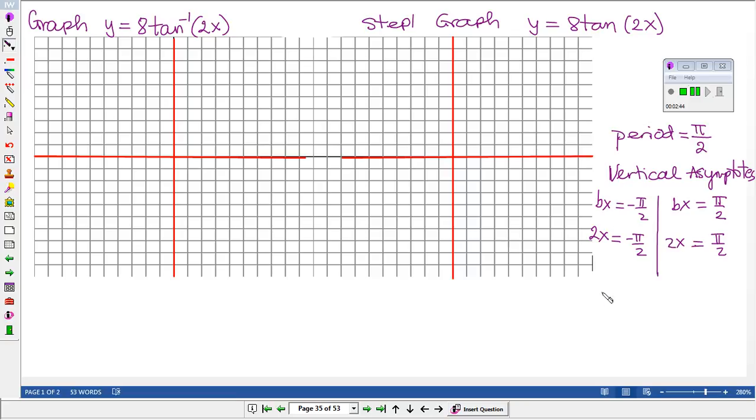Next, we will divide both sides by 2, so x equals negative pi over 4, and we have x equals positive pi over 4.